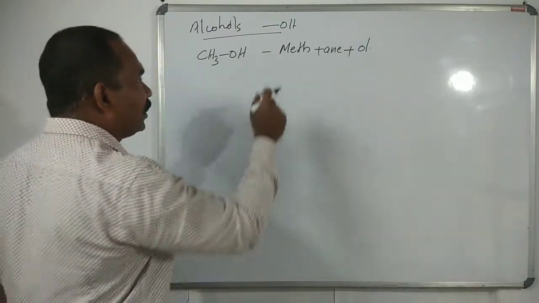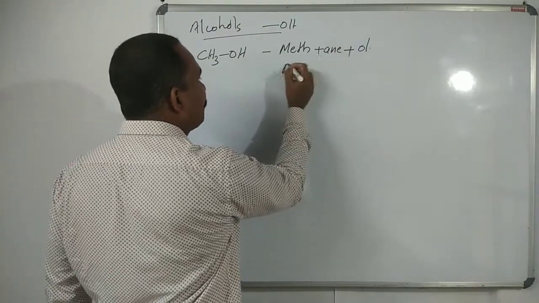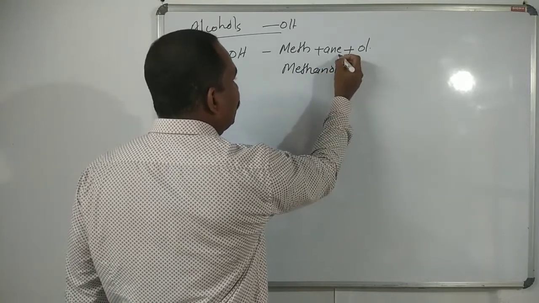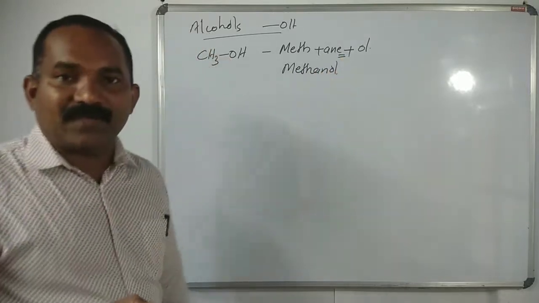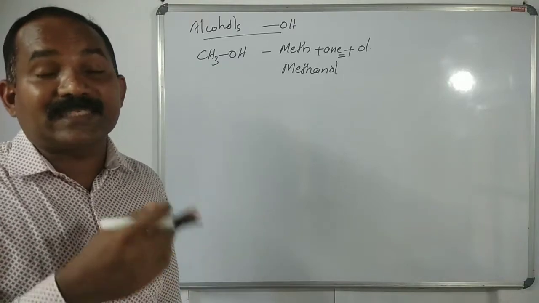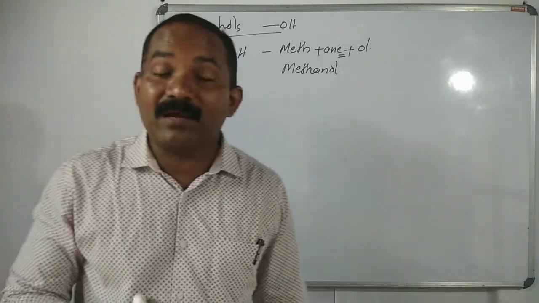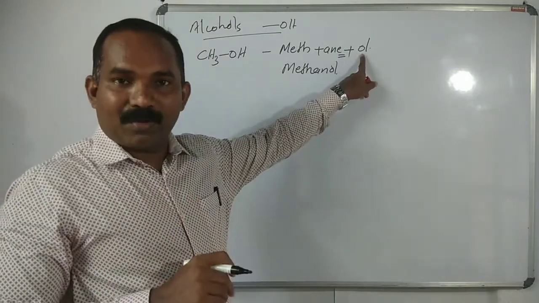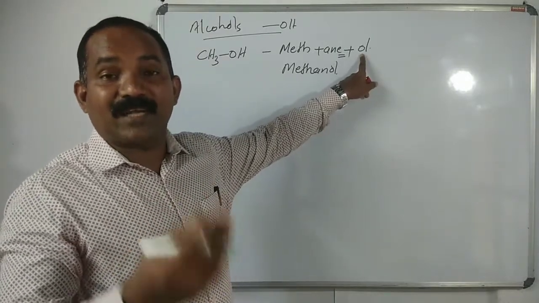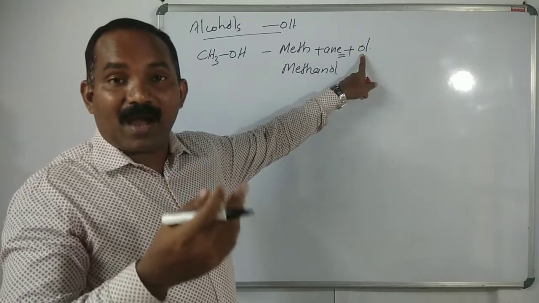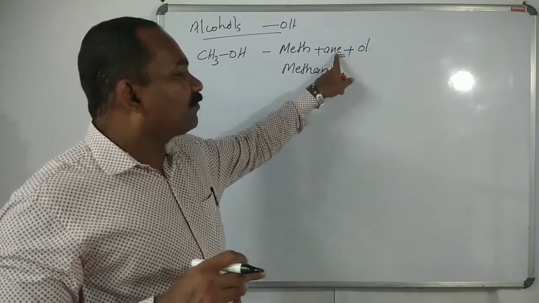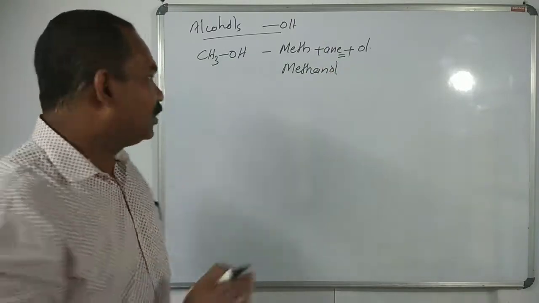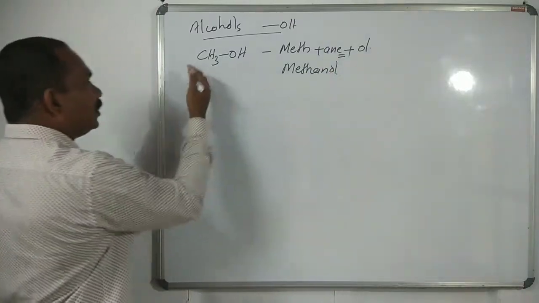So the name is methanol. The e of the primary suffix is dropped when the secondary suffix starts with a vowel: a, e, i, o, u. So that's why methanol.